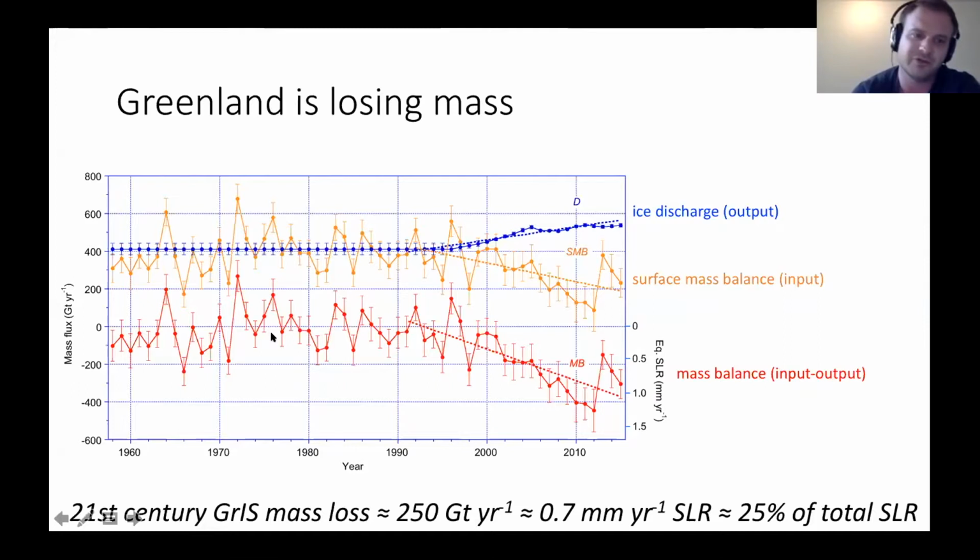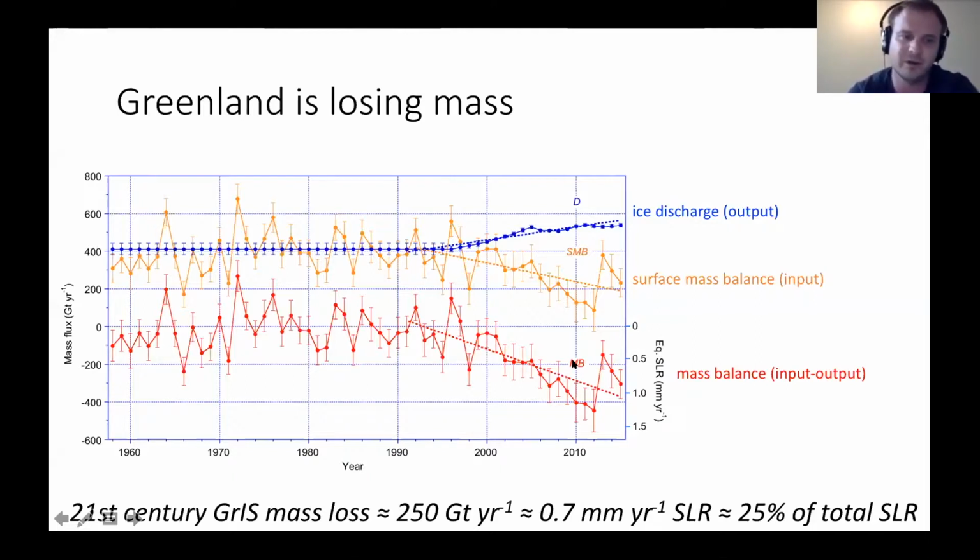So when it's positive, it means that the ice sheet is gaining mass. When it's negative, it means that the ice sheet is losing mass. And you can see it basically hovers around this 0 line for most of the period prior to 1990. And then you can see this regular decrease in time after.